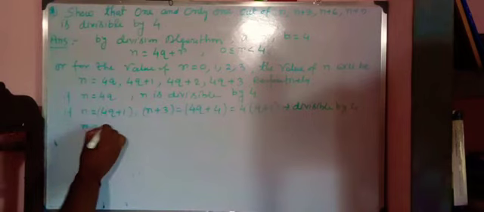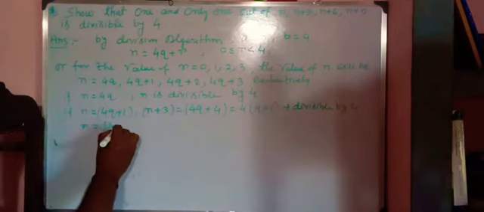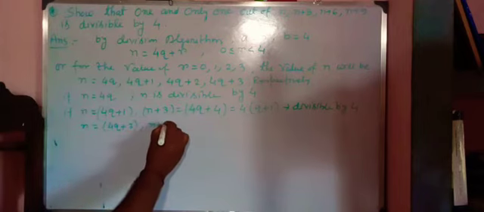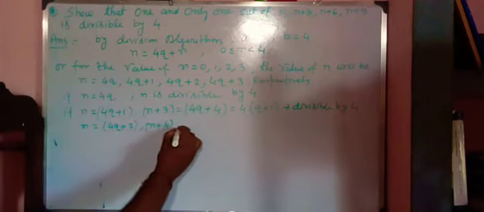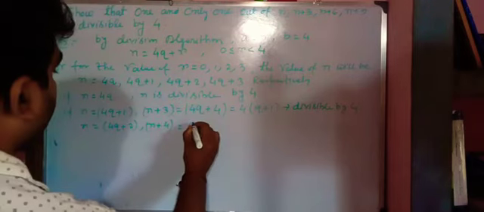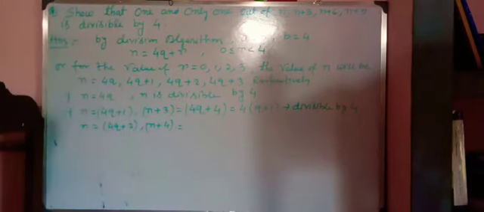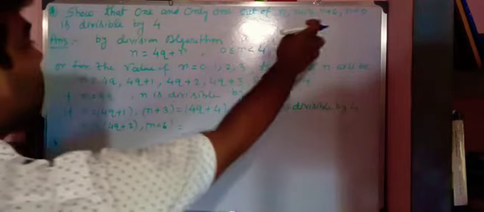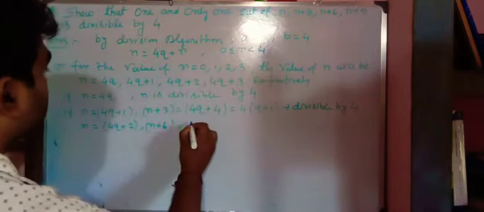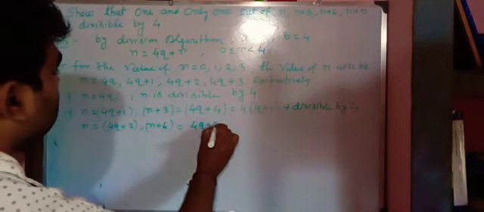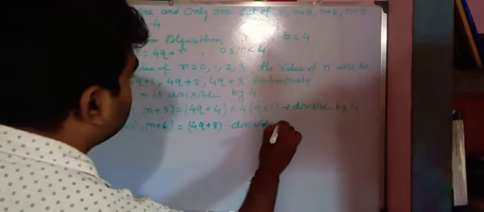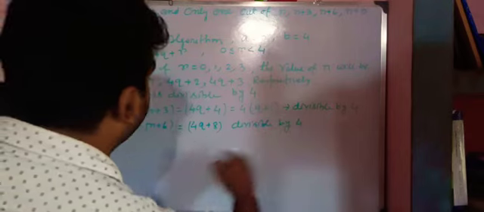If n is equal to 4q plus 2, then n plus 6 is equal to 4q plus 8, divisible by 4.